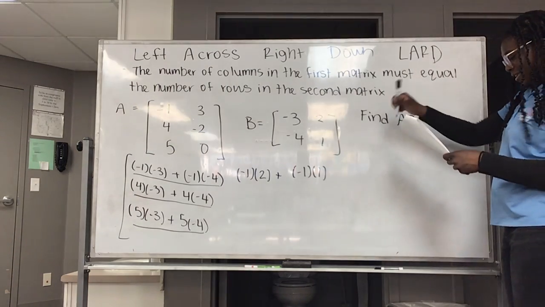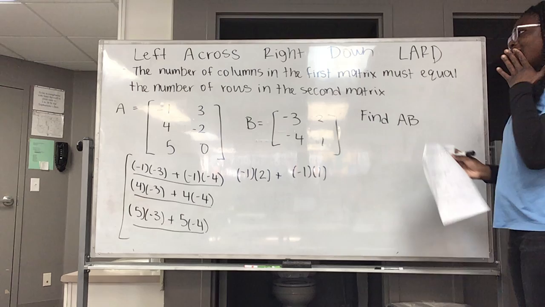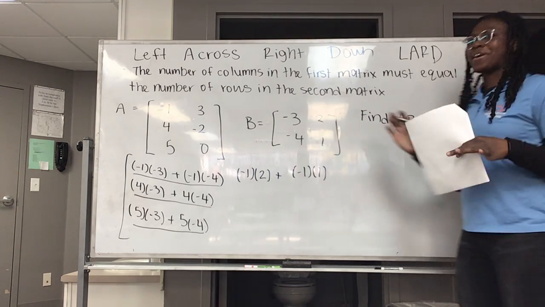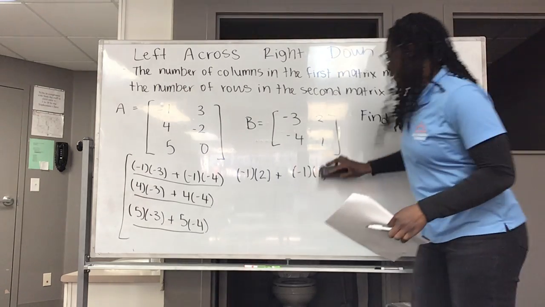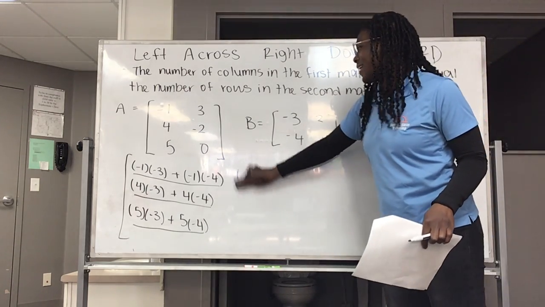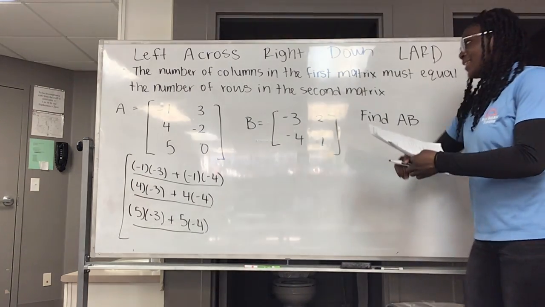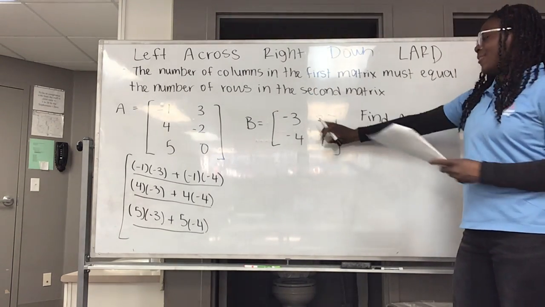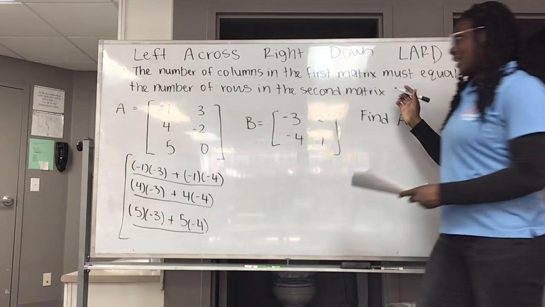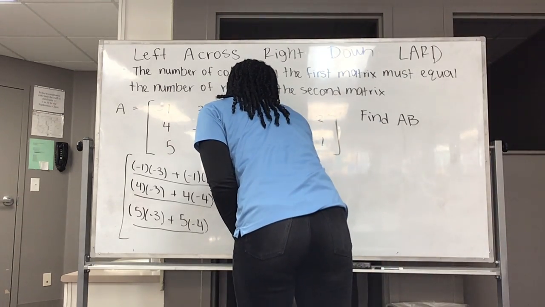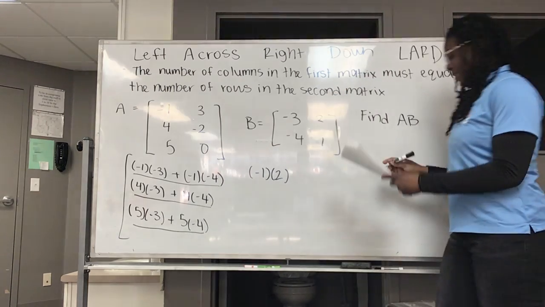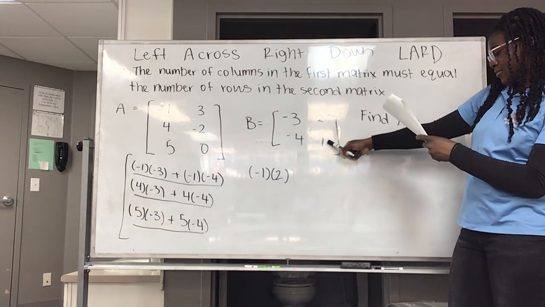Okay, so I did negative 1 times 2, and then I did, oh my gosh, okay. Sorry guys, back up. Okay, we're going to start over on the right column. So I did negative 1 times 2, that was correct, so I went to the right. And then I'm going to do 3 times.